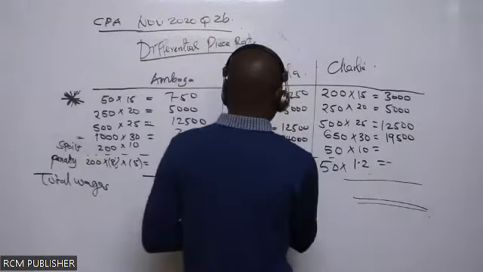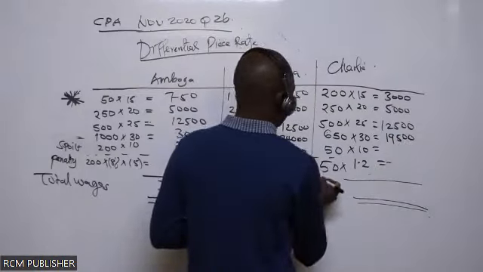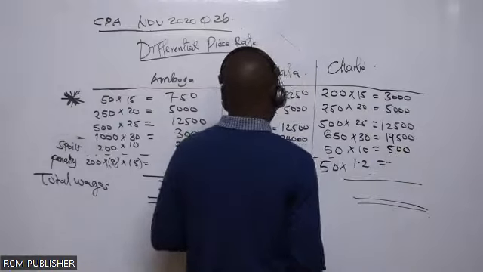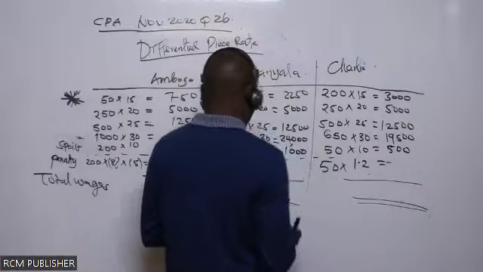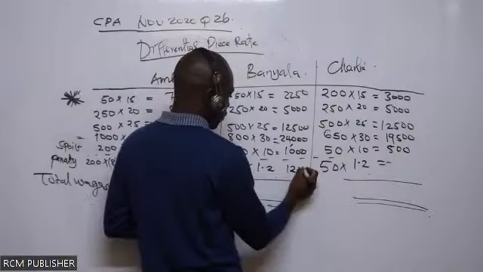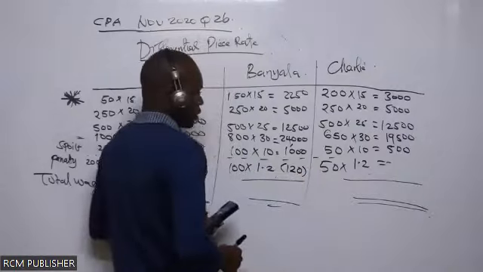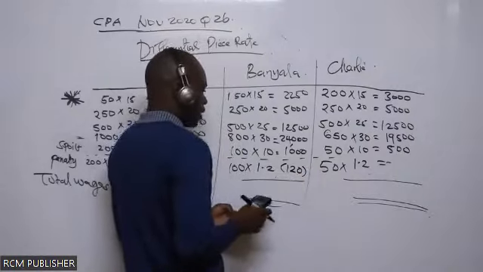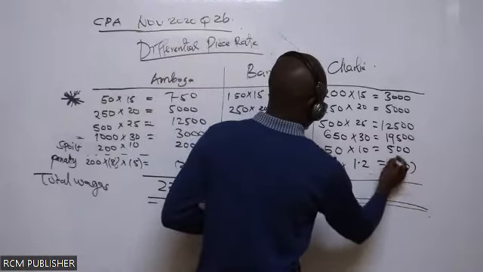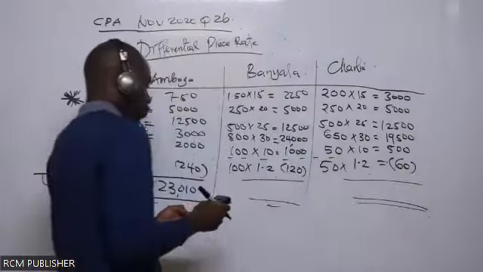Then I have 1,000 here. I have 500. Then 100 by 1.2 is 120. Of course, a deduction 1.2, I think this one will be 60. A deduction. So can I now get the total wage?